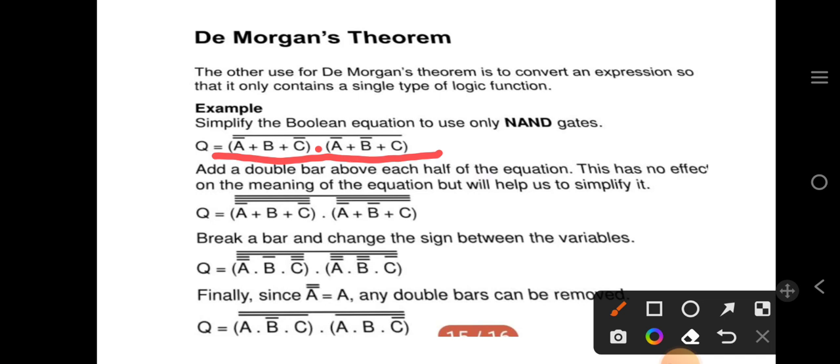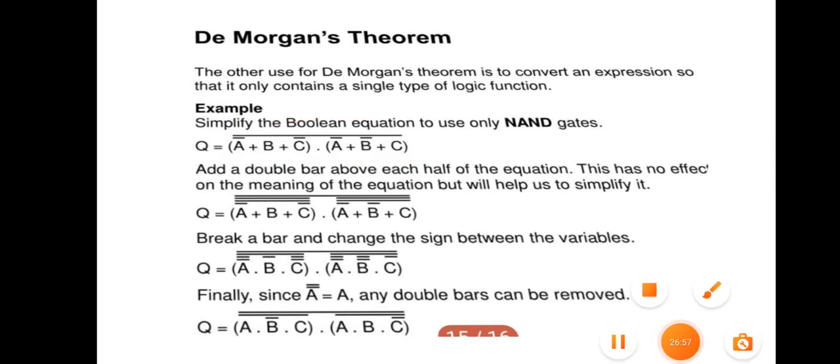So first break this complete bar and change the symbol. Add a double bar above each half of the equation. Sorry, we do not have to split the bar and change the sign. Here another method is given. We have to apply double bars.